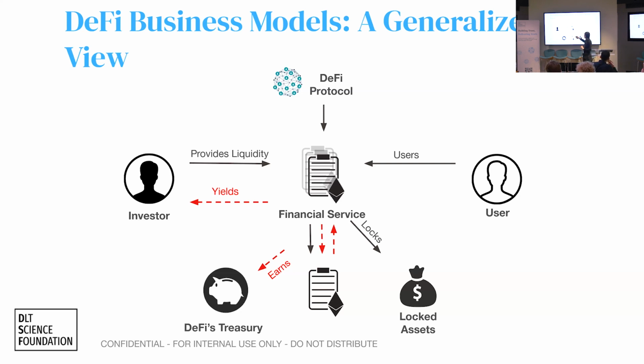The user would come in to get whatever service the DeFi protocol actually provides. When the user comes in and uses the service, they need to pay some kind of fee, right? Once they pay the fee, part of the fee would go back to the supply side of the market, and part of the fee would go to the DeFi treasury.